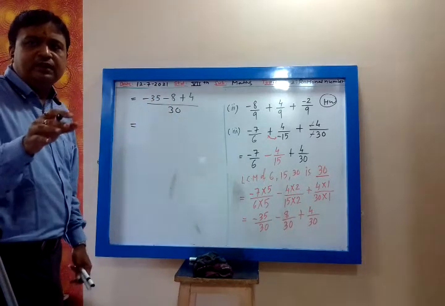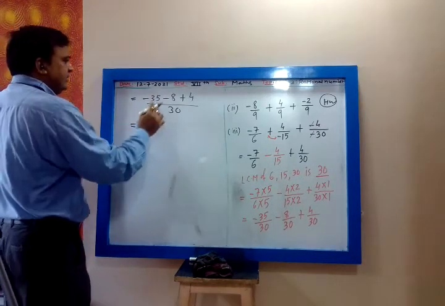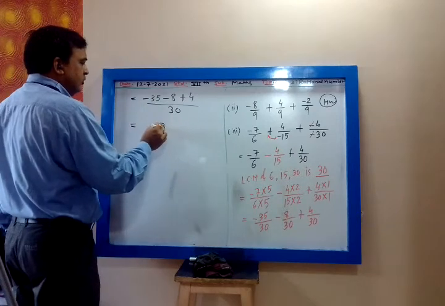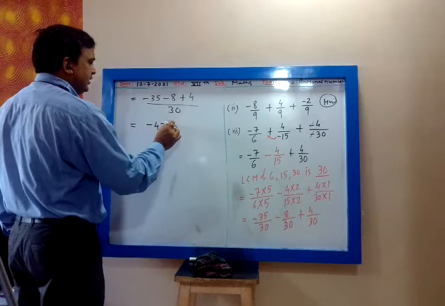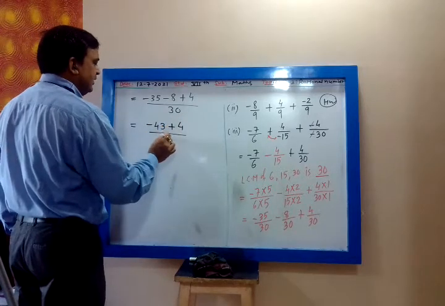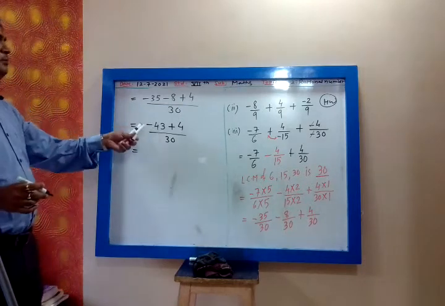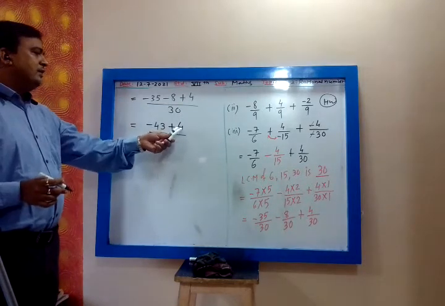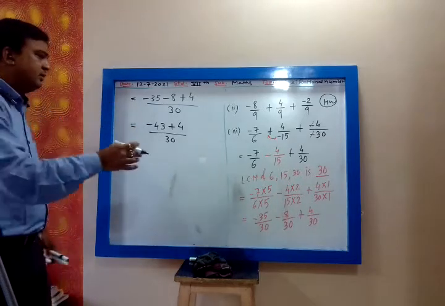Whenever they have same sign, we add the numbers and take the common sign. So 35 plus 8 is 43. Common sign is minus. Minus 43 plus 4 upon 30. Now check whether they have same sign or opposite sign. 43 has minus sign, 4 has plus sign. Opposite sign. So whenever they have opposite sign, you have to subtract.